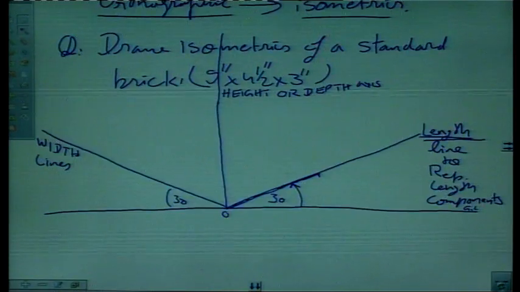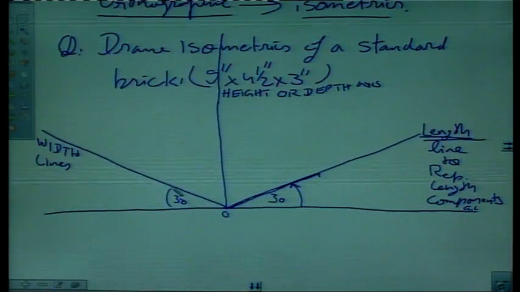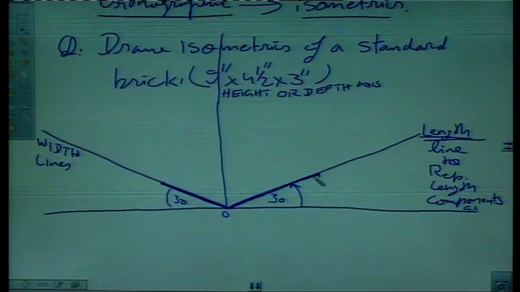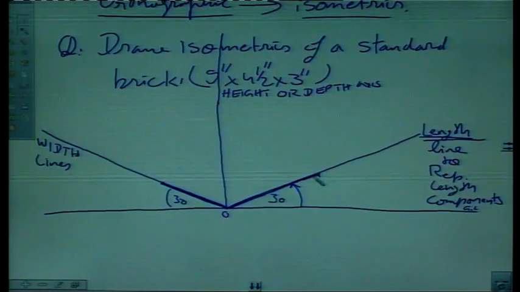Now mark the width on the width line. 4.5 inches is width. I will make it a little thicker so that it is clearly visible to you, right? Now for the height component or depth component, mark 3 inches directly on this line. Say this is 3 inches.